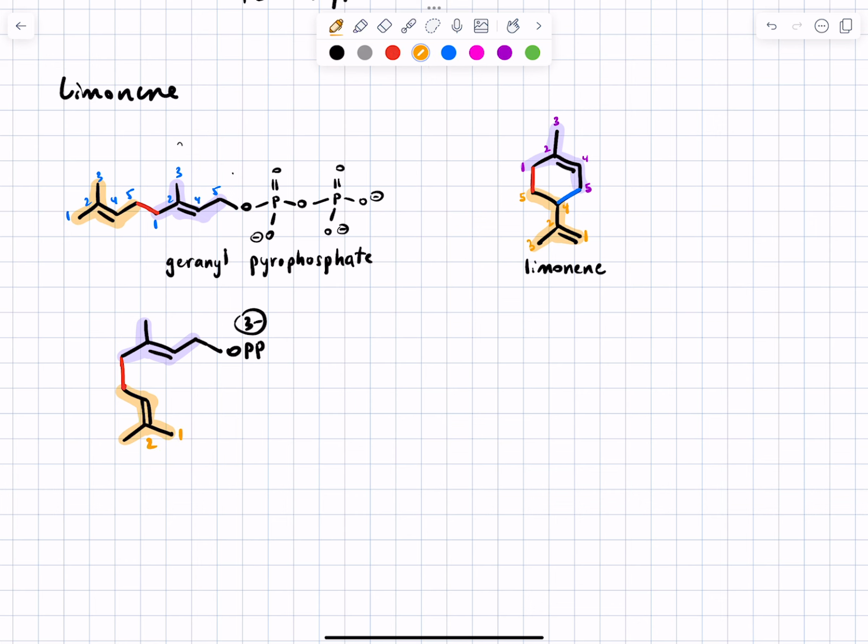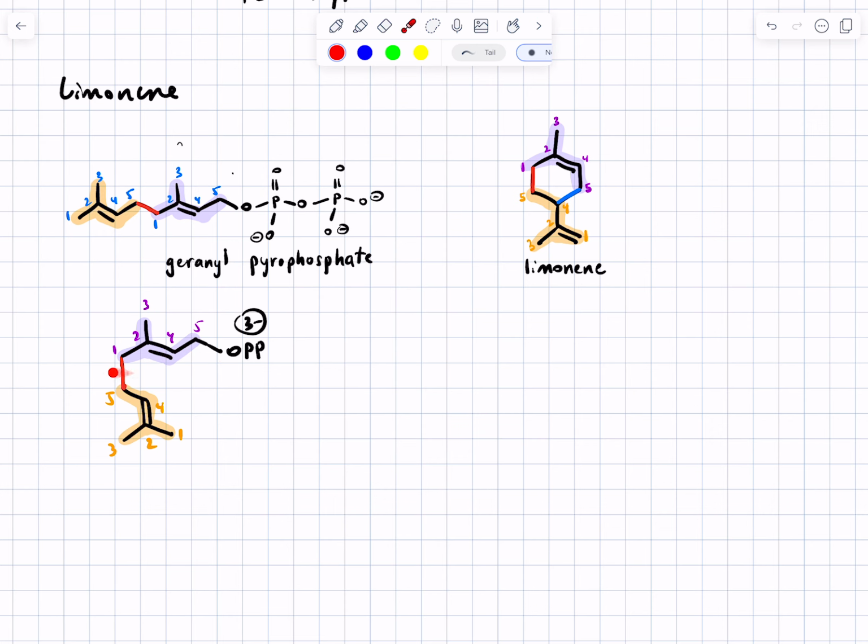And you'll see that, at least in thinking about the mechanism, we've already done a lot of the heavy lifting just by numbering the atoms and by identifying bonds that were present in the linear precursor versus not present. Do you see how this is just another view of geranyl pyrophosphate?